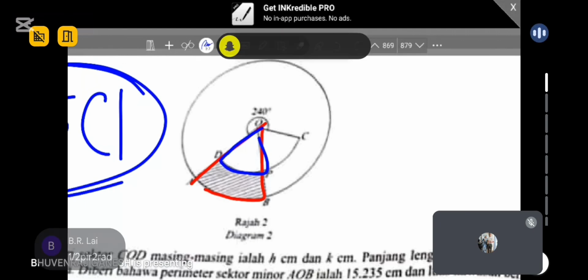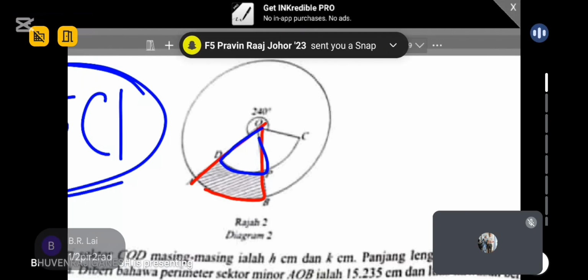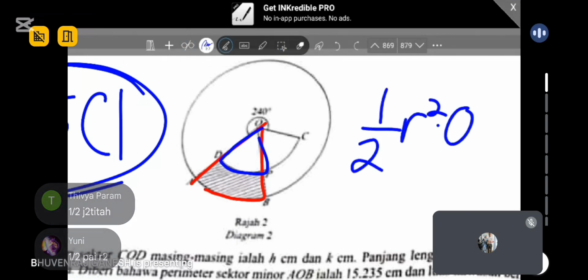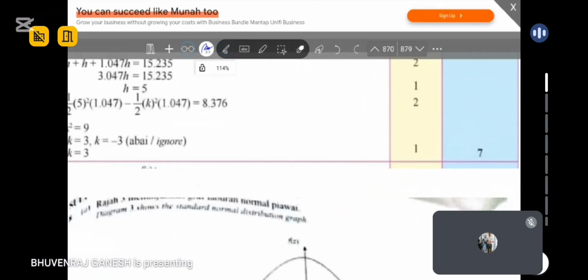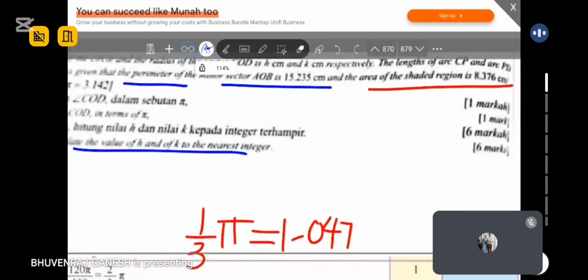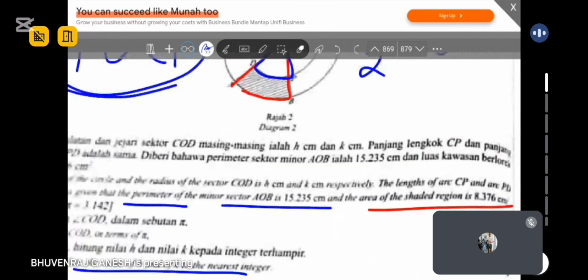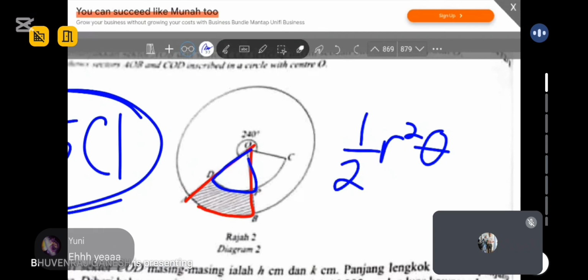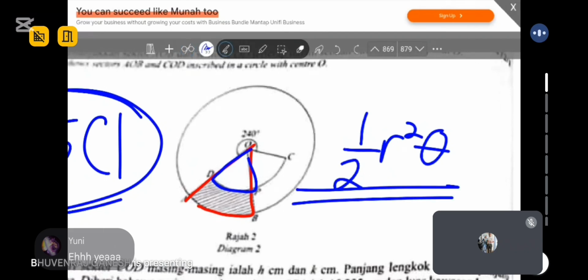Yes, 1/2. Guys, for circular measure, area of sector is 1/2 r square theta. Am I right? Bukan. Setengah pi r square adalah untuk semi bulatan, guys. 1/2 pi r square is semicircle. For area of sector is 1/2 r square theta. Ingat guys, luas sektor ini adalah rumus dia.